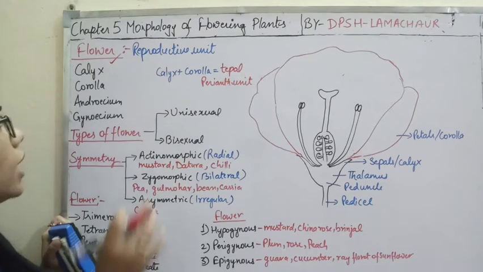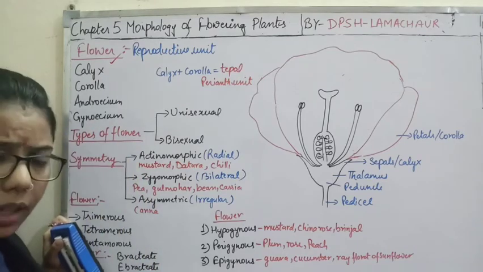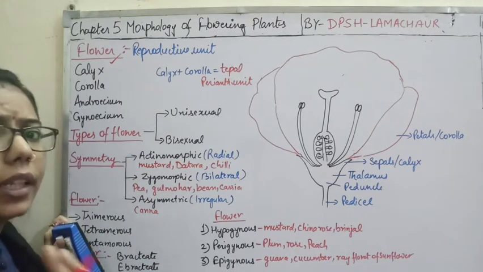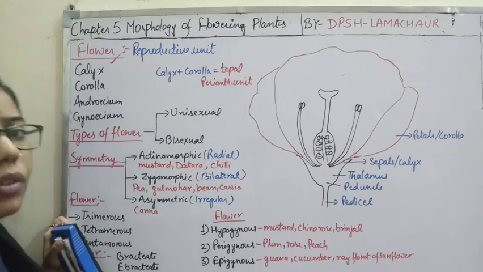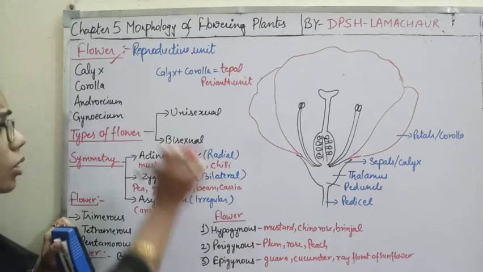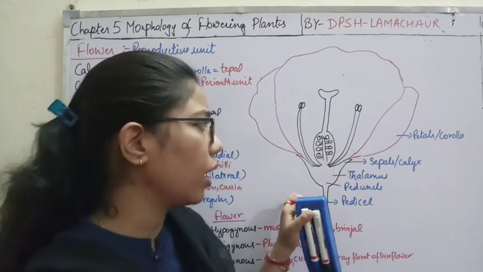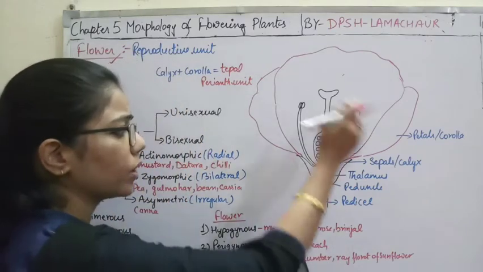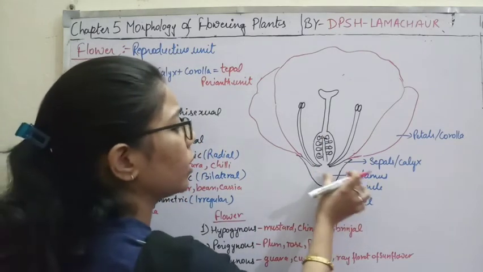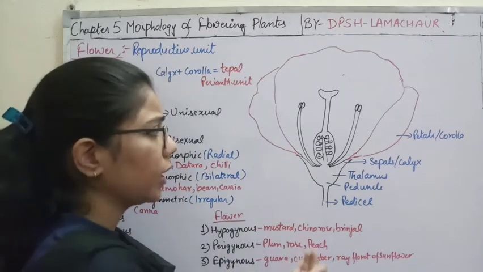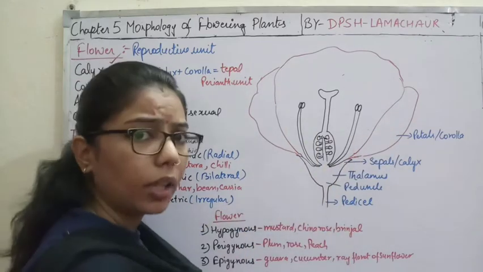So we will understand what the different parts of the flower are and what the different classifications of flower can be on the basis of different characteristics. Here I have drawn the general structure of a flower. This part is the thalamus, which contains all the reproductive parts of the flower.